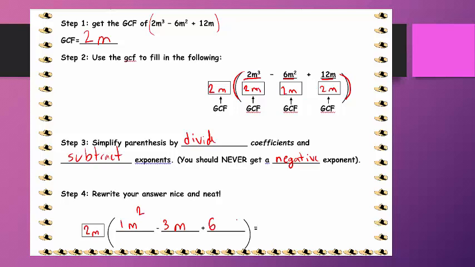And your m's will just cancel out. So this is your simplified answer. The only thing is we usually don't write 1 in front of our letters. So we're just going to write m squared minus 3m plus 6. So you have successfully undistributed, or factored, a trinomial.